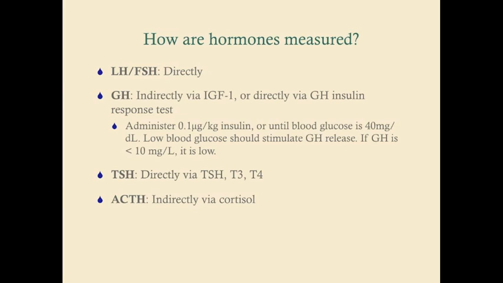If we're not getting a stimulation of growth hormone release, if the growth hormone is low, if it's less than 10 nanograms per milliliter, then we know that we've got hypopituitarism as far as growth hormone is concerned, because we're not able to get growth hormone release. So this is the exact opposite of the test that we do to measure growth hormone in acromegaly. They're similar mechanisms, but just the exact opposite. We use insulin here rather than a glucose administration.